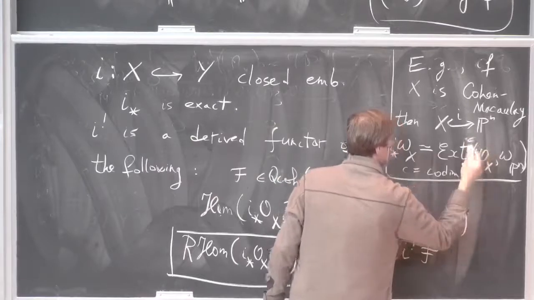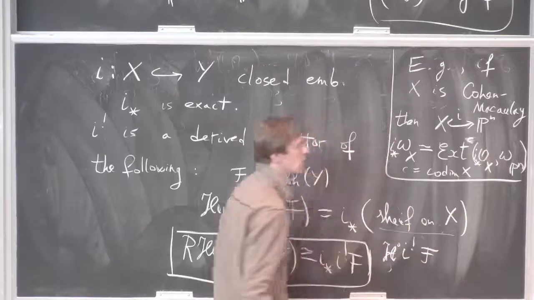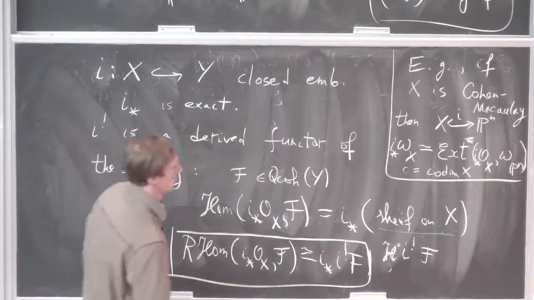For example, this works when X is any complete intersection. Any complete intersection is going to be Cohen-Macaulay.